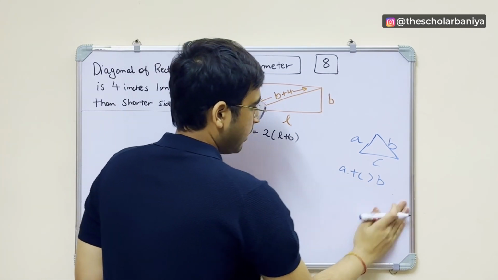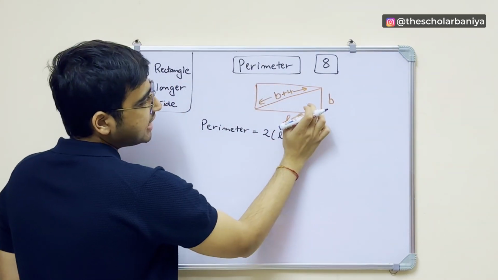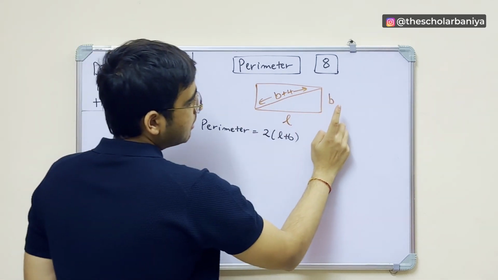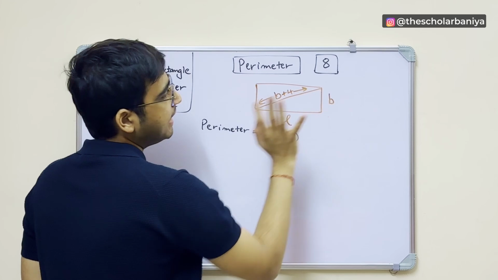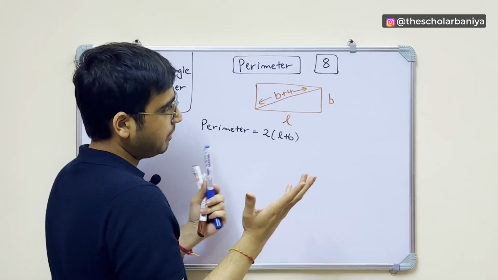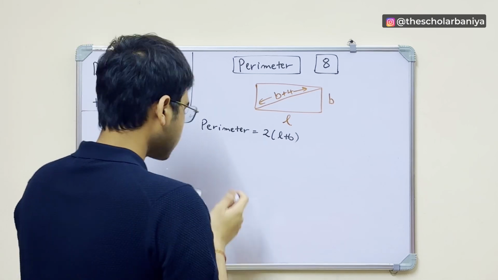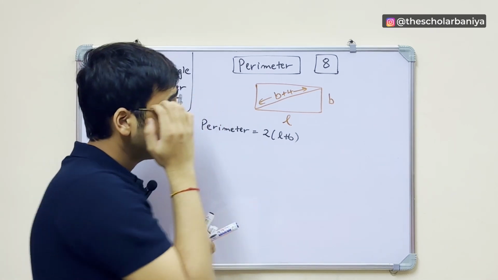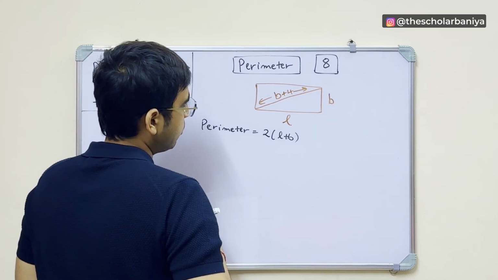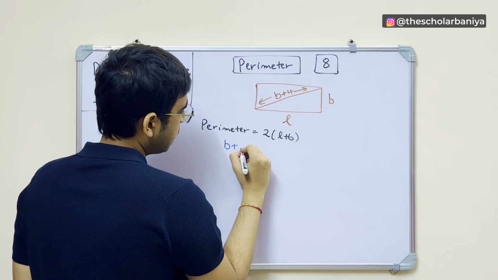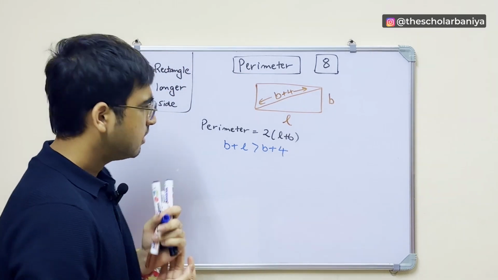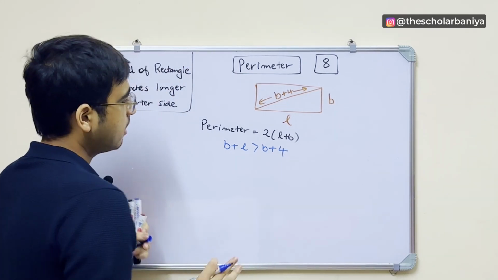So if you see in this triangle, one thing is for sure that B plus L will be greater than B plus 4, right? I hope this makes complete sense.